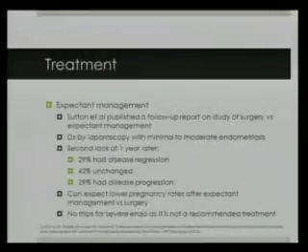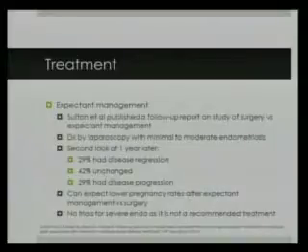So it's interesting that 29% did worse and about the same did better, and 42% remained unchanged. So even when you don't do anything, these people can get better and they can get worse. But you can expect a lower pregnancy rate after expectant management, of course, because we didn't do anything. And of course, they do not recommend this for severe endometriosis. It's not even considered in the trial.